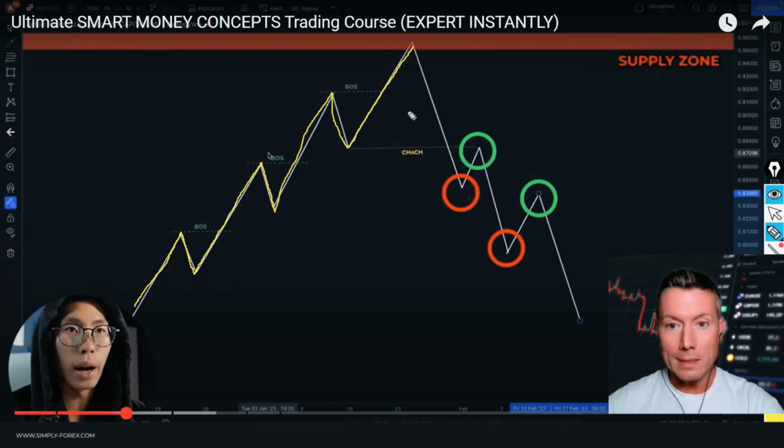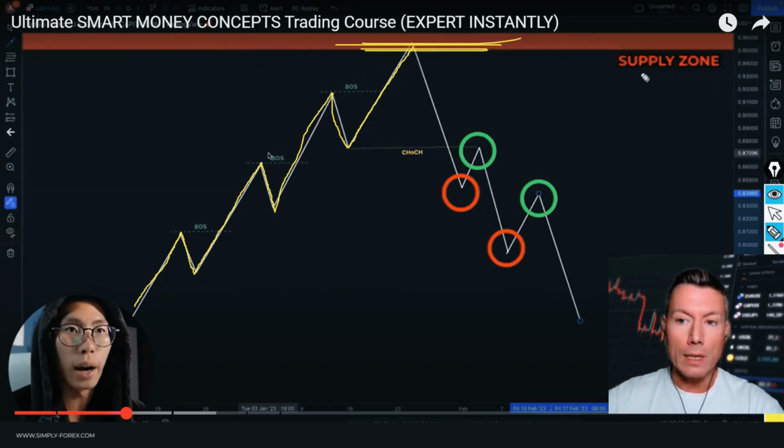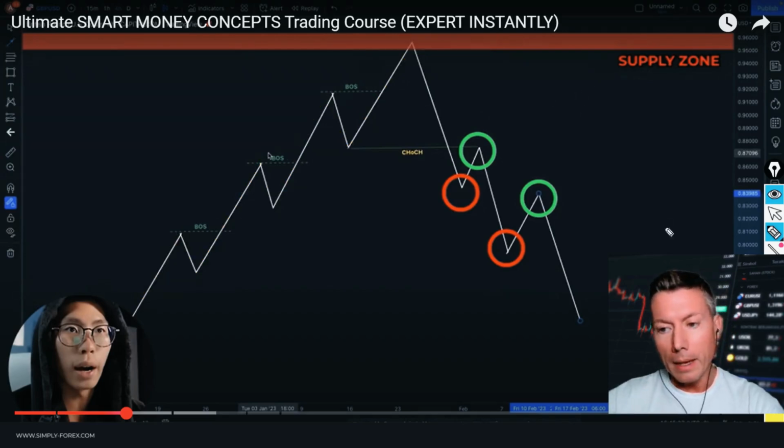And price typically reverses trend, or we have a breakdown in structure, when we're at an area of interest, as he calls it. Now, he calls it a supply zone, right? So some people call it a demand and supply zone. Some people call it an area of order blocks, right? That's a smart money concept. Some people just call it support and resistance.